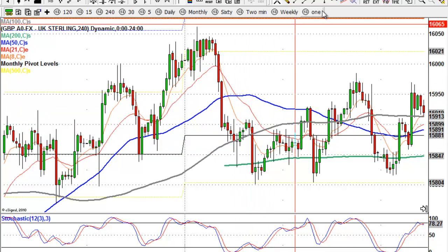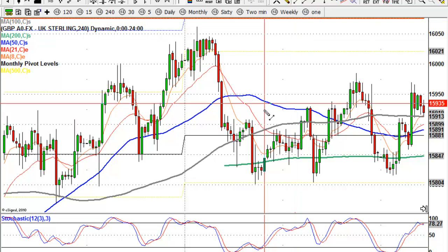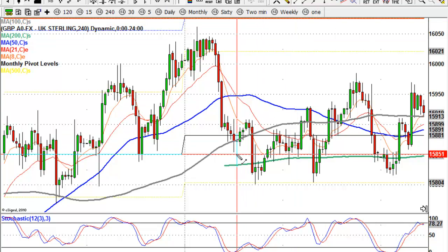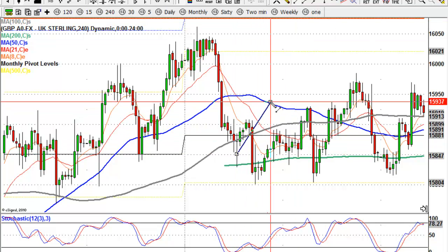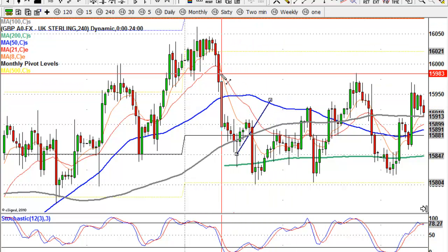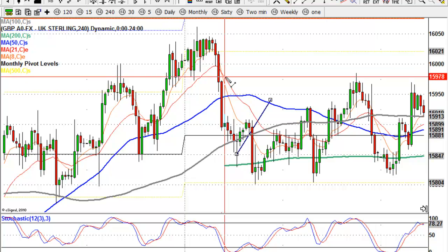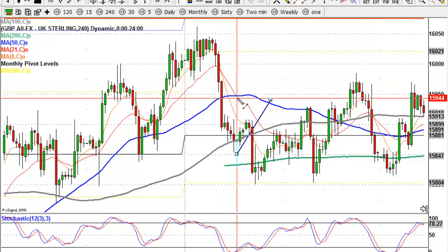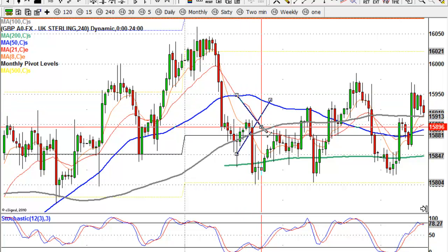So, what I do is I just get a line here, and I draw it up at about a 45-degree angle, roughly. It's not an exact science. And I take the 21 moving average going down here, and I continue that line pretty much down there, like that.